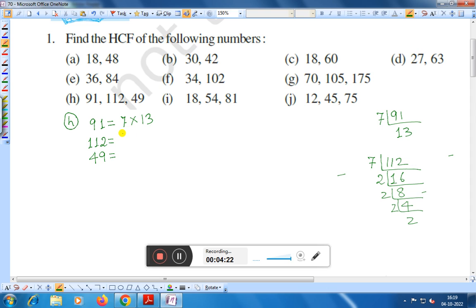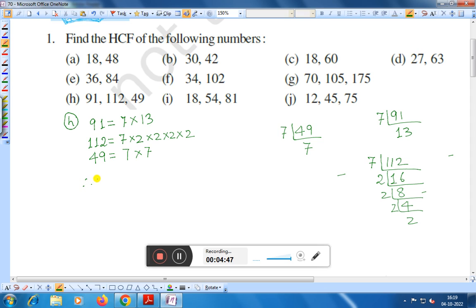Therefore, we can write 7 into 2 into 2 into 2 into 2. And 49: we know that 49 is 7 into 7.